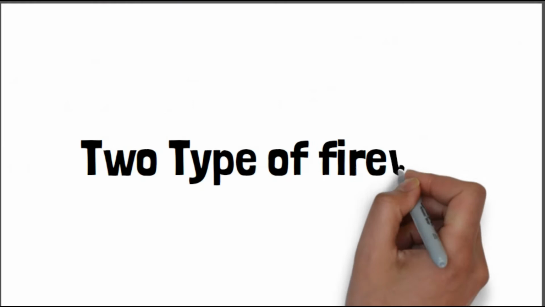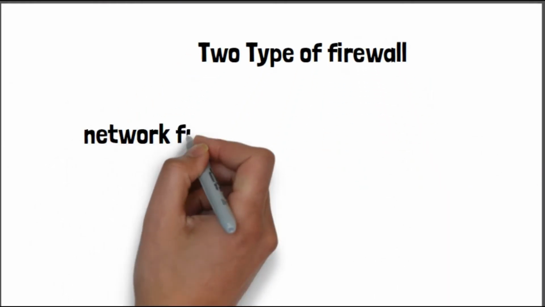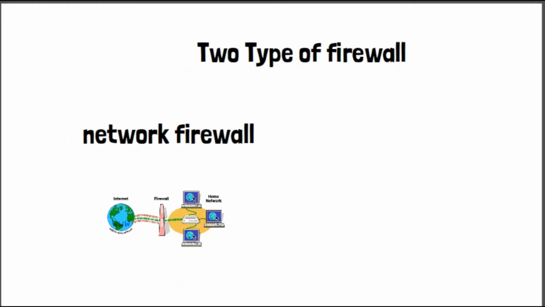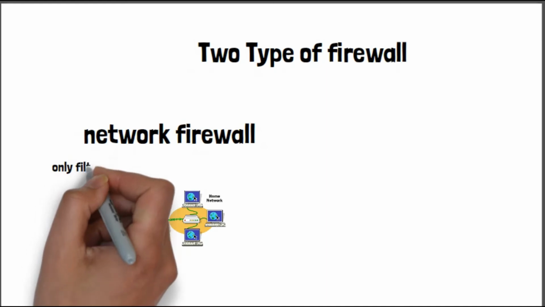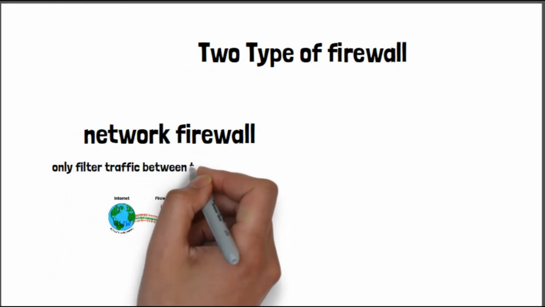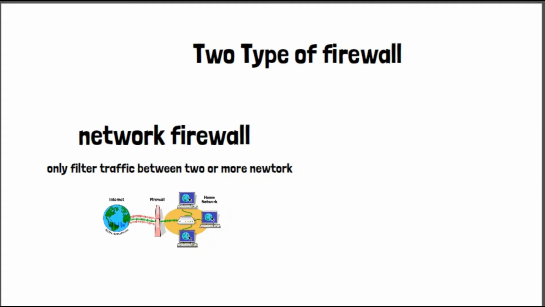There are mainly two types of firewalls. First is a network firewall, which only filters the traffic between two or more networks.